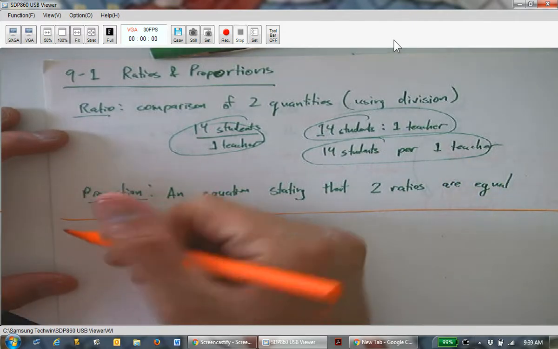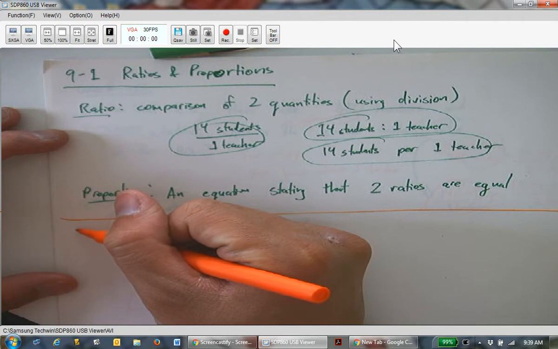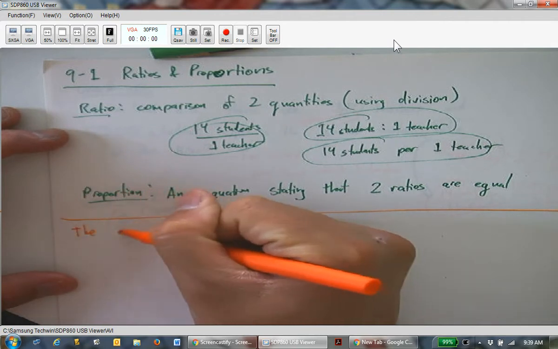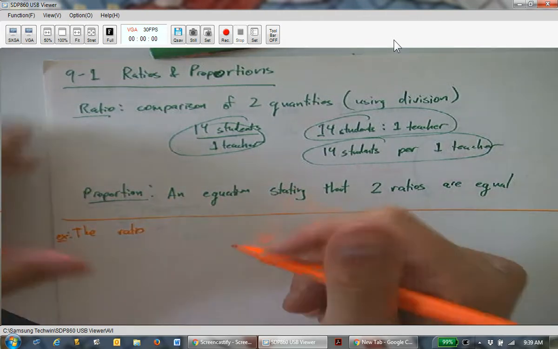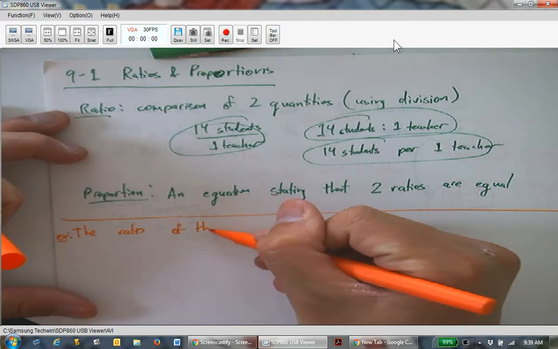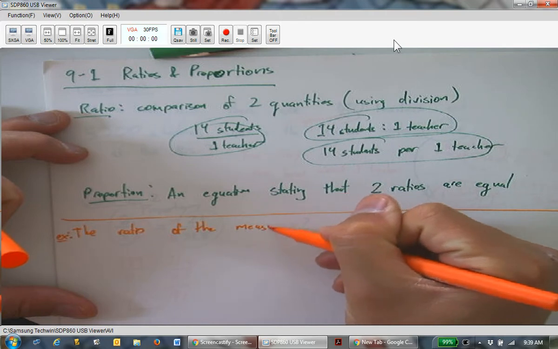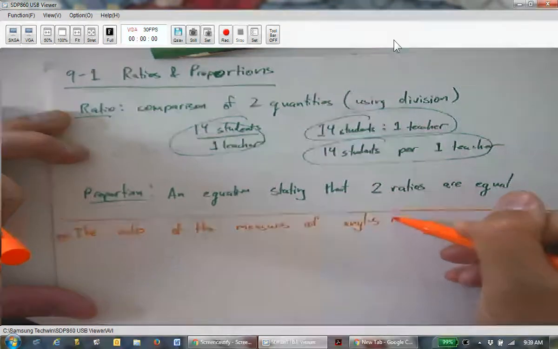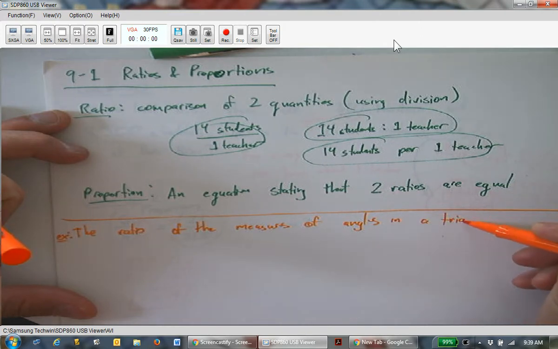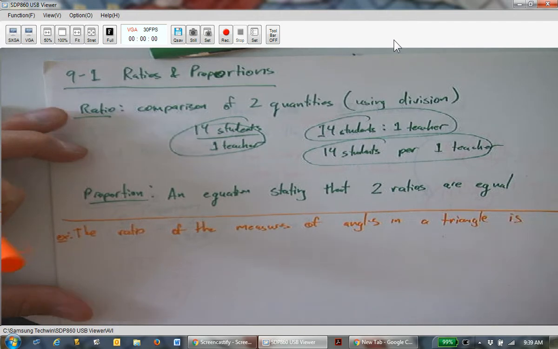So if I gave you a triangle and I said the ratio of the measures of angles in a triangle is as follows.